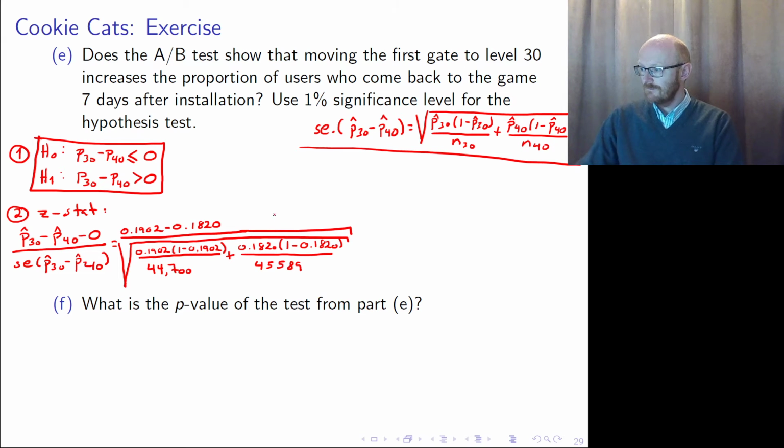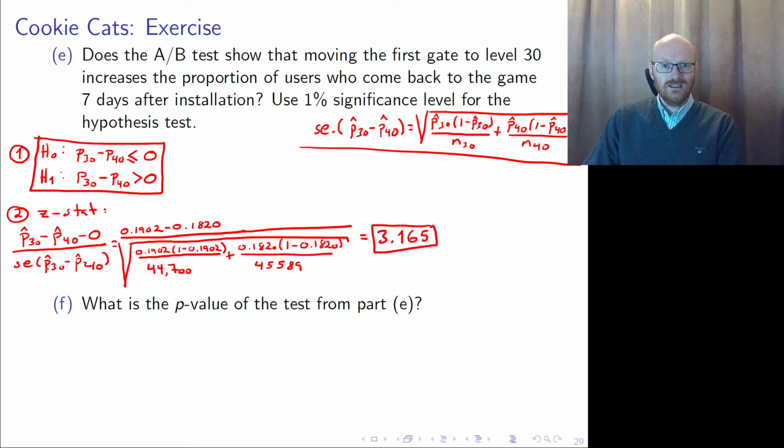We do this, and this is going to be 3.165. So that's the z value that we got.